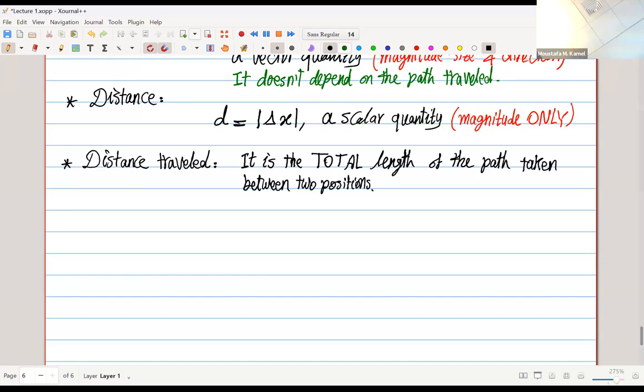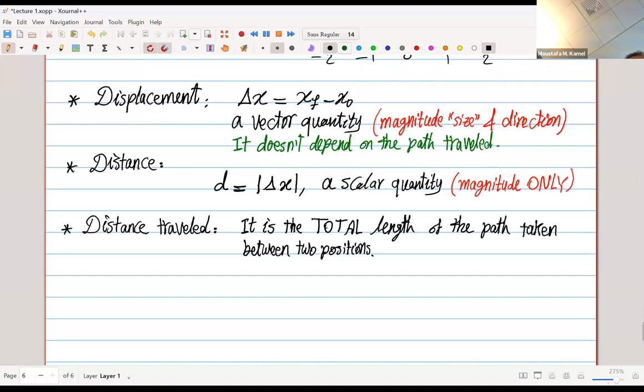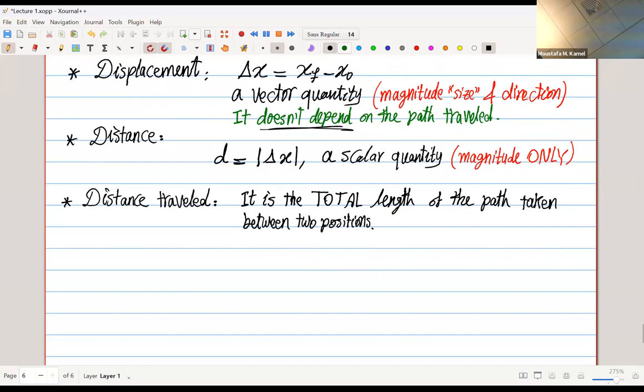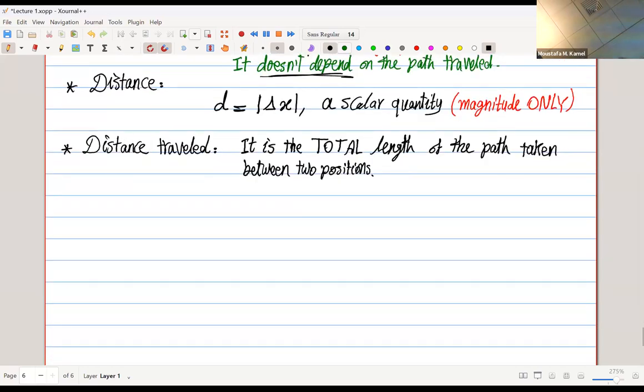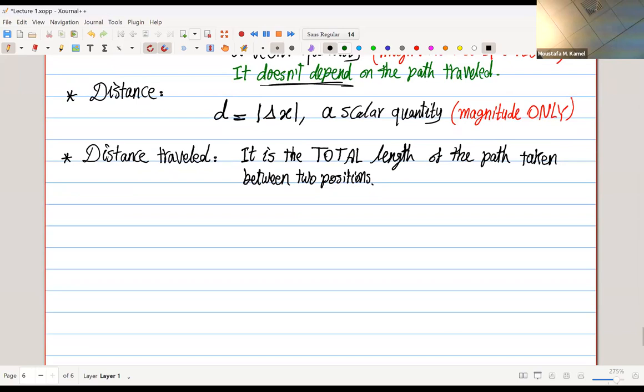And this is, of course, different than displacement because displacement didn't depend on the path traveled, okay? Distance traveled depends on the path traveled. This is also a scalar quantity because it doesn't have direction. It's only a number.